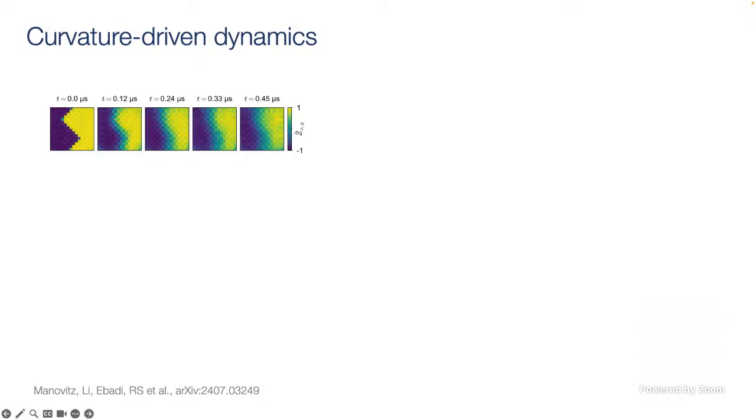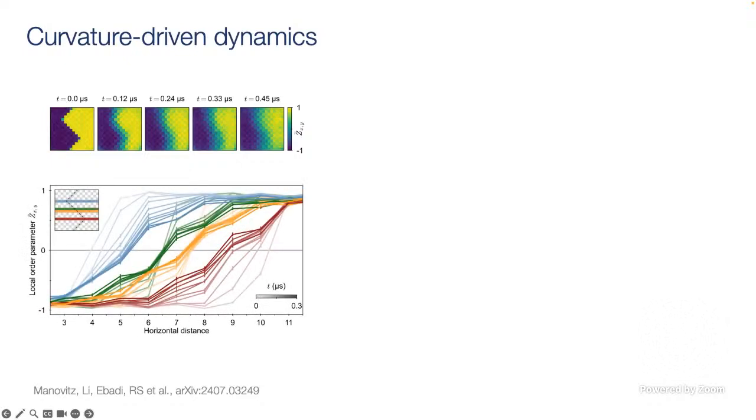So in the same system, just by seeding it with this particular configuration, we can test the influence of the local radius of curvature on the coarsening dynamics. And you can track the evolution as a function of time, and you can see how these sharp edges melt away as time goes on. Let's look at this quantitatively. So I'm plotting the local order parameter as a function of the horizontal distance.